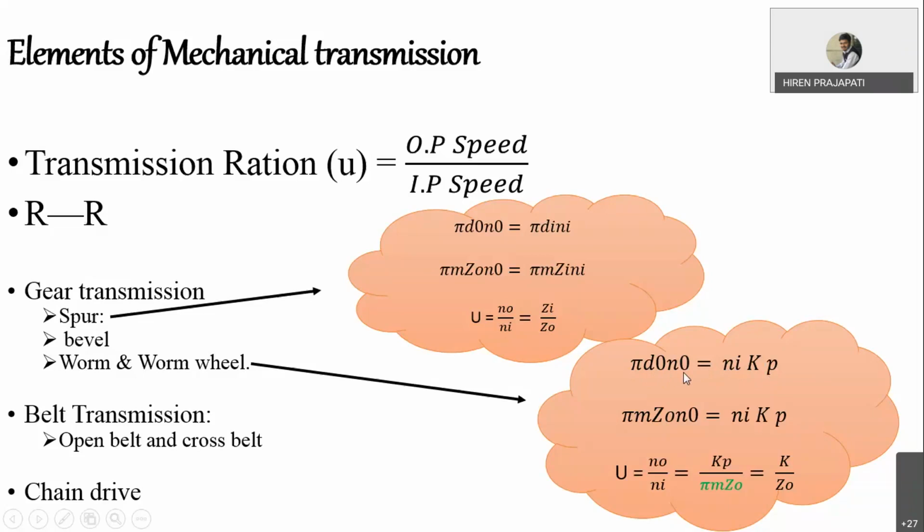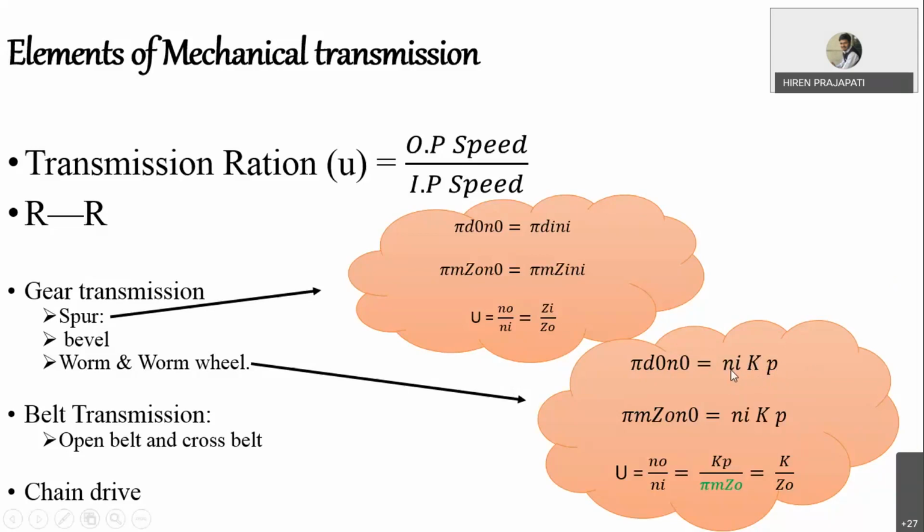Then pi d0 n0, that is for the worm wheel. Here P is the pitch of the screw which is used as a worm. K stands for the number of starts on that worm. If it's a single start worm, then we take K equals 1. If it is multi-start, like 2 start or 3 start worm, then we use K as 2 and 3 respectively.